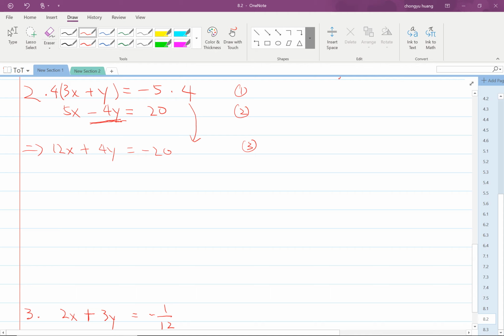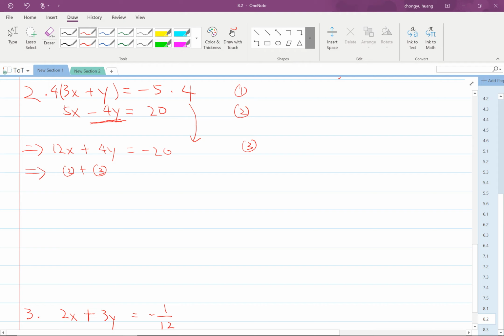So now the next step is basically using equation 2 plus equation 3.